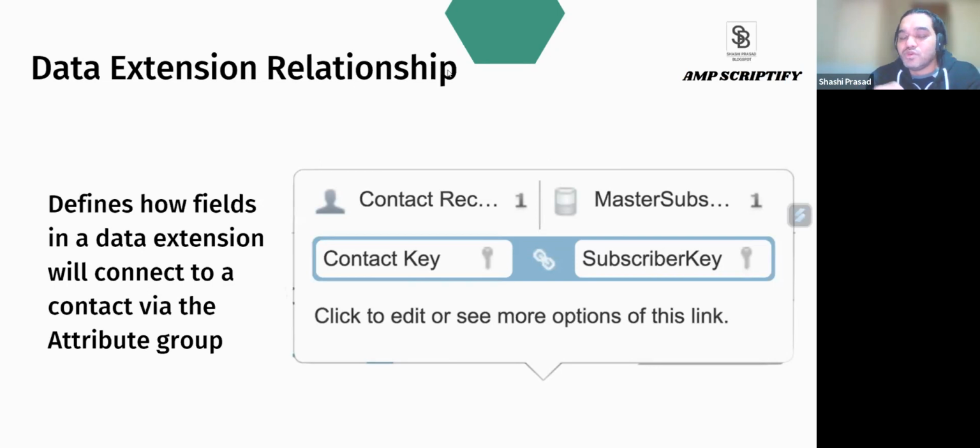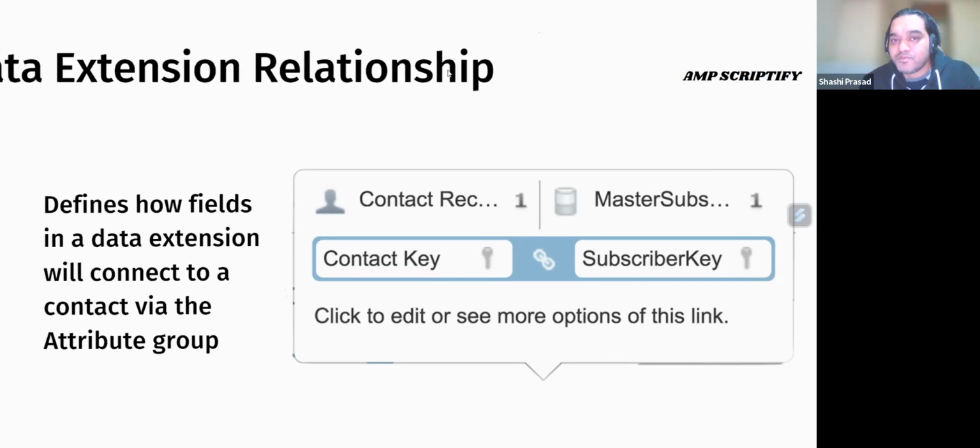Whenever we discuss the email channel, we always call this the subscriber key. For SMS, you call it the contact key, but you can define the attribute as a subscriber key. So this is how we define the relationship for a data extension in the attribute group.